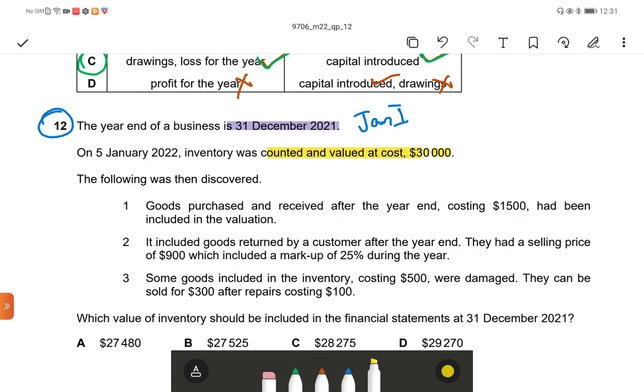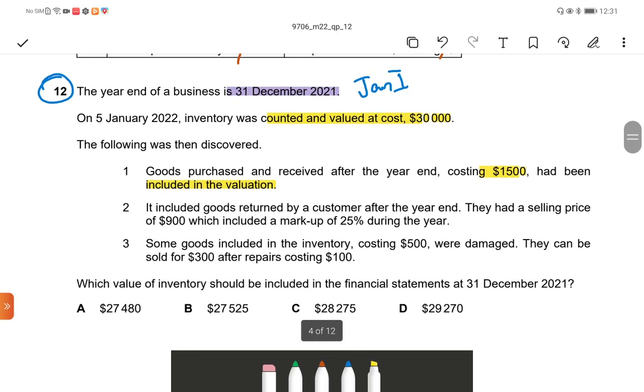The following was then discovered. Goods purchased and received after the year end costing 1,500 had been included in the valuation. When we are valuing the inventory, we enter in the income statement only the current year inventory value.